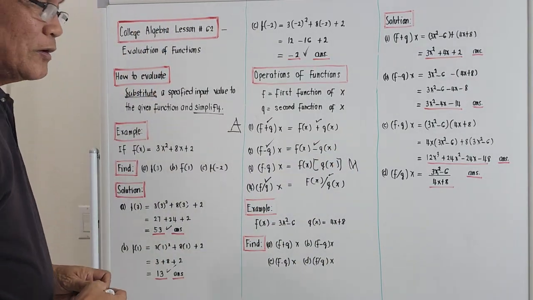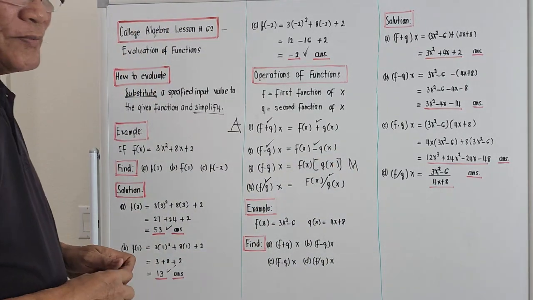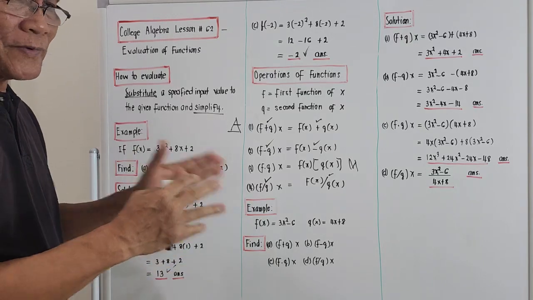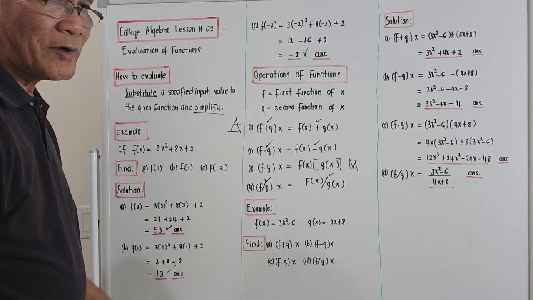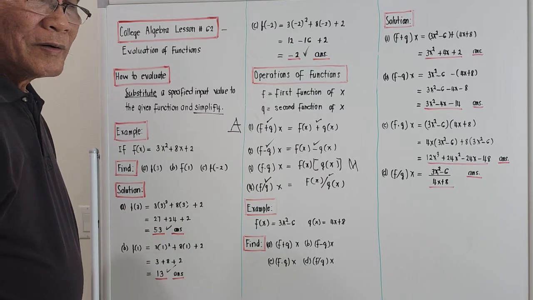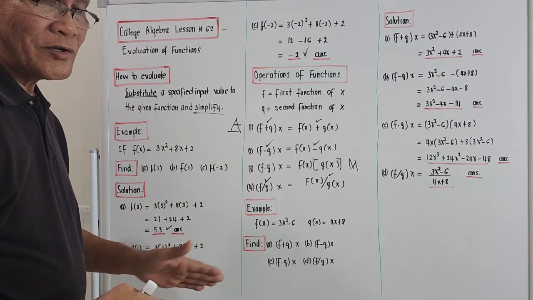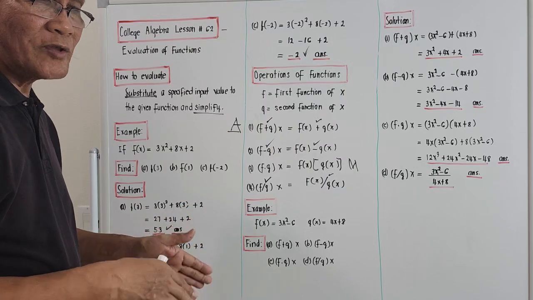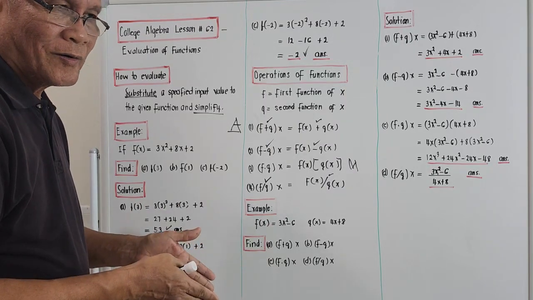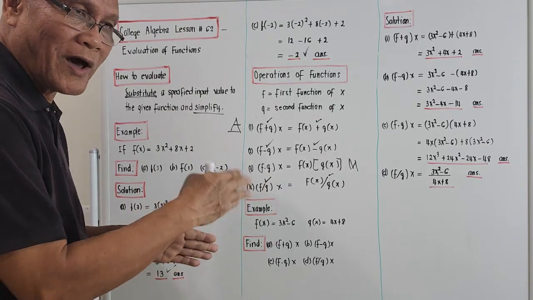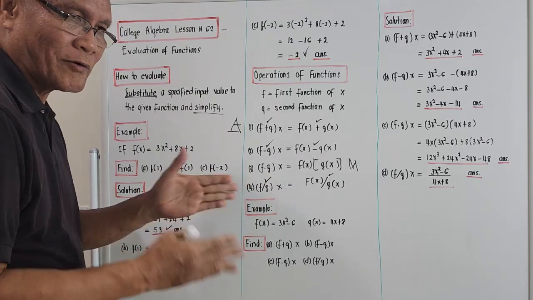Those are just the 4 operations under functions: addition, subtraction, multiplication, and division. It's an easy one. Just substitute values, then perform what operation is being asked. If it's addition, substitute values, then add, subtract, multiply, or divide.